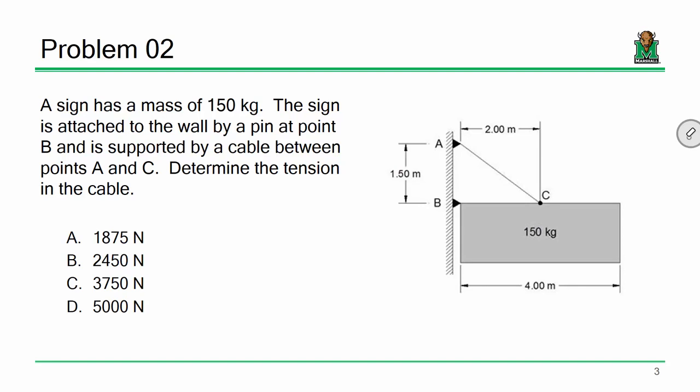I gave you a mass of that sign. So I must take that sign's mass and adjust it by gravity to get a weight. See what I mean? That's something really easy that could trip you up. Now, the choices are kind of nice, but if I gave you these choices and one of them was 10 times more than the other, you might actually pick the smaller one because you didn't adjust it by gravity. So, something to think about.